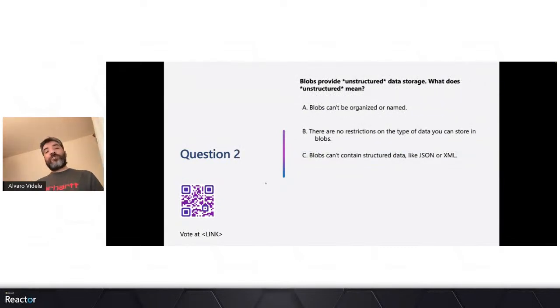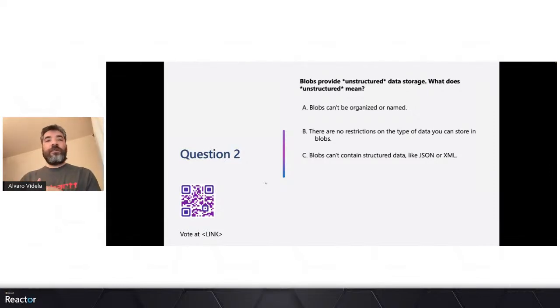Blobs provide unstructured data storage. What does unstructured mean? A, blobs can't be organized or named. B, there are no restrictions on the type of data you can store in blobs. And C, blobs can contain structured data like JSON or XML. So what do you think?